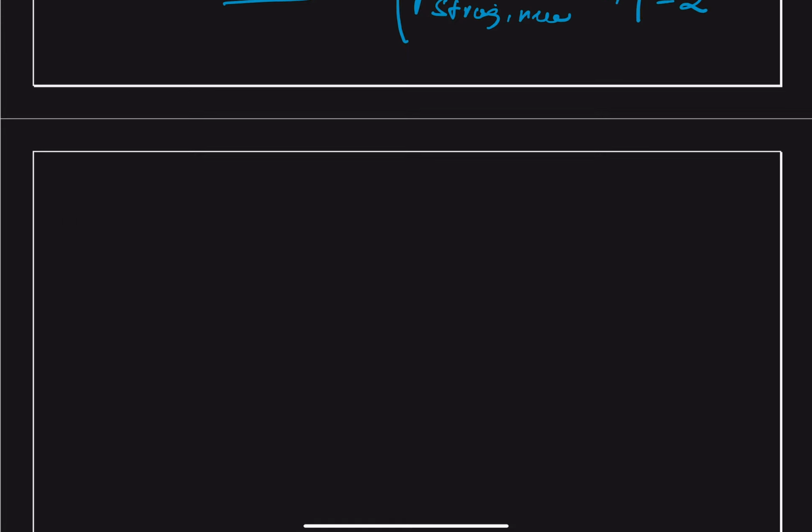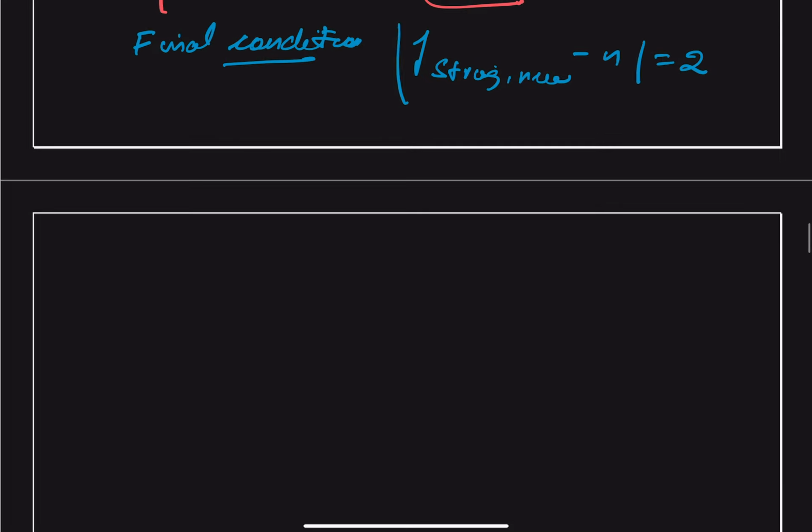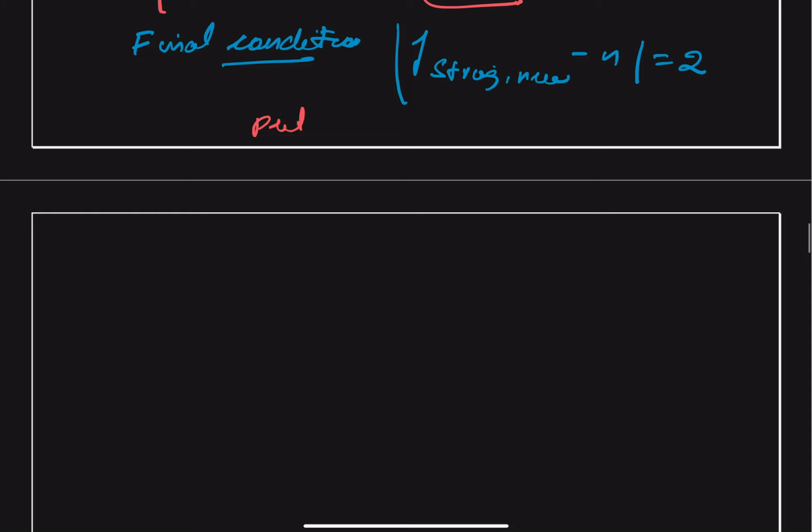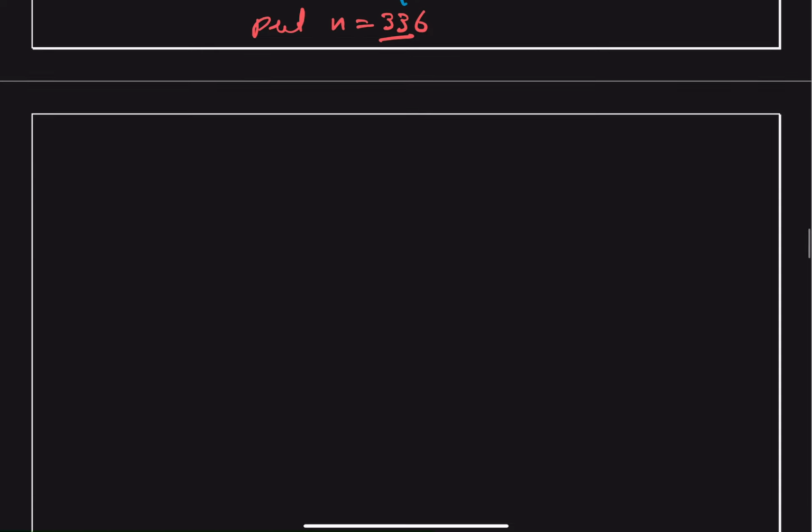So from here we already know the value of n, so we put n is equal to 336. So this gives us f string new will be 338, or it will be 334.